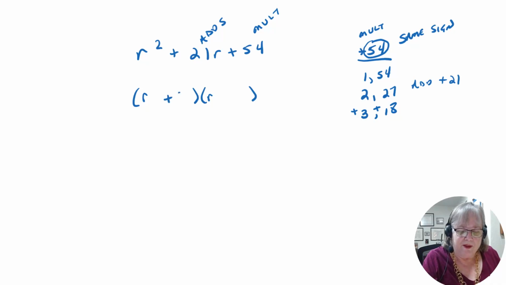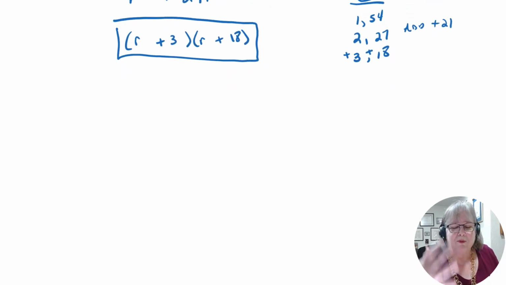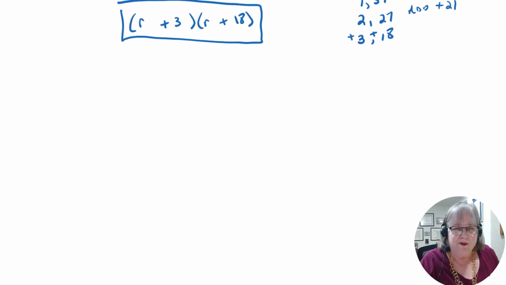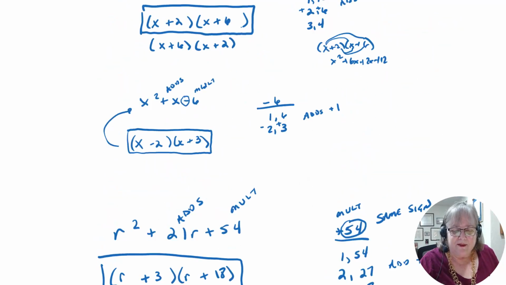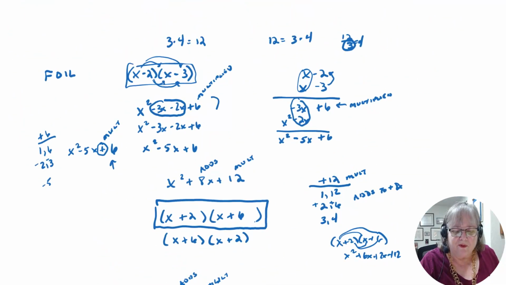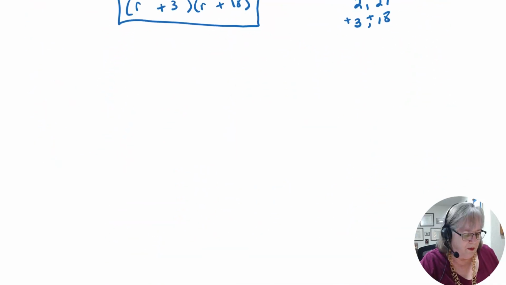So I would have plus 3 and plus 18, and like I said, multiply this out and you'll get much more comfortable much more quickly than if you just run on and check it in the back of the book. Multiplying and adding will help you to apply the pattern quicker.